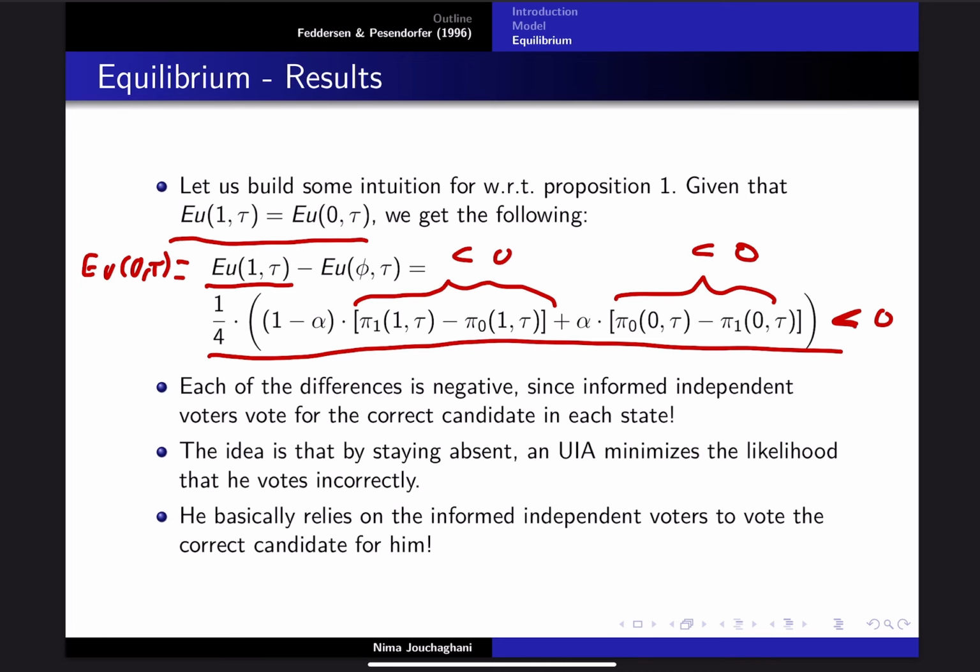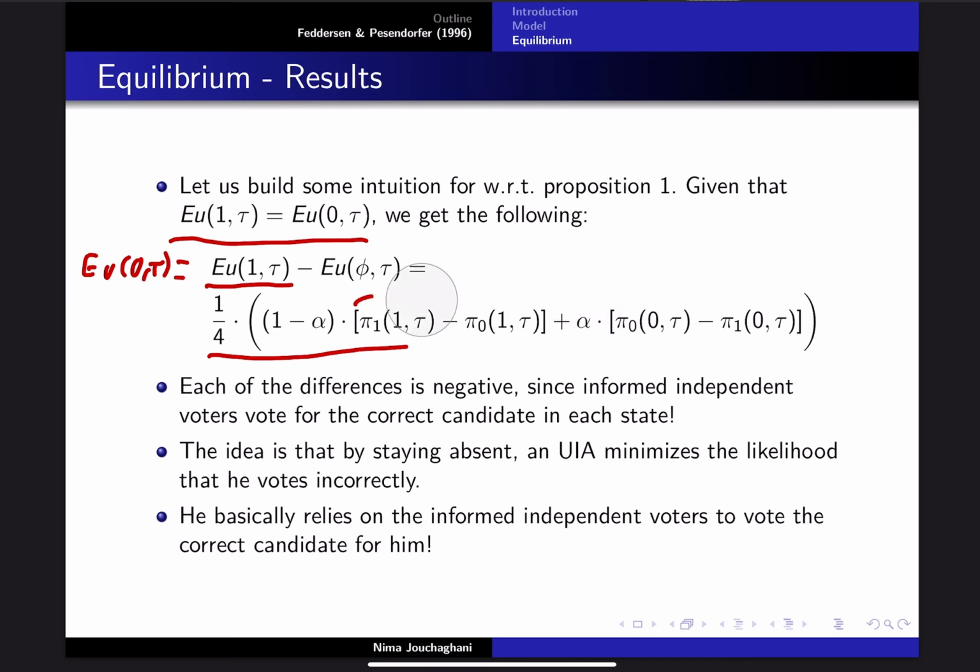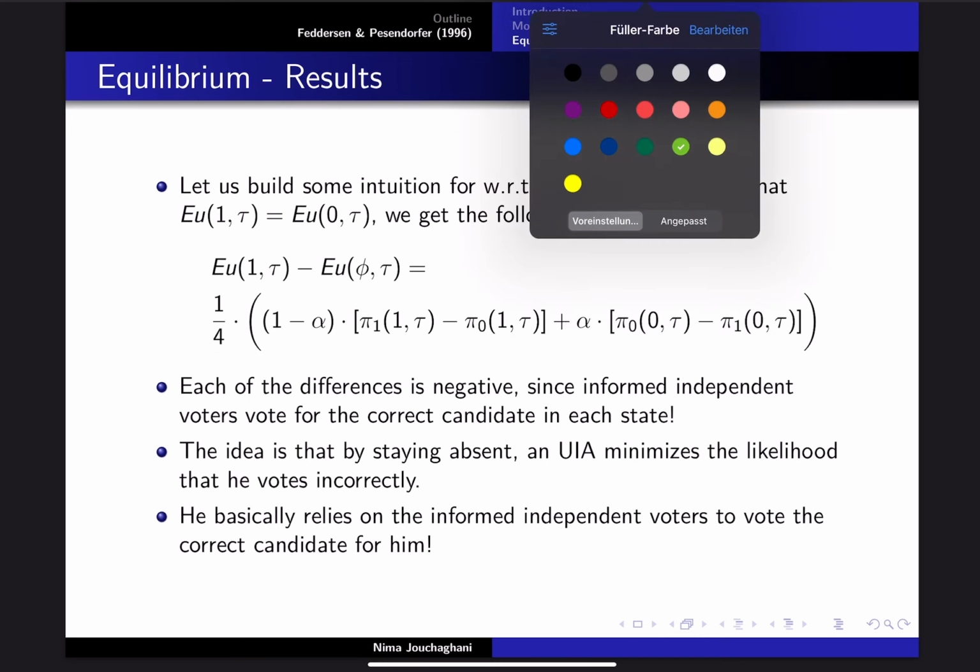The reason why those differences are strictly negative is because the informed independent voters vote for the correct candidate in each state. So what are the differences exactly reflecting? What is the first difference here?